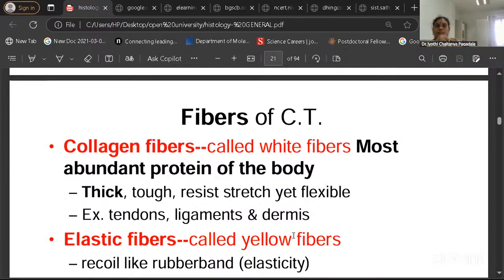Now the fibers of connective tissue. Collagen fibers are called white fibers, the most abundant protein of the body. They are thick, tough, and resist stretch yet are flexible, for example, tendons and ligaments. Apart from the collagen fibers, we have yellow fibers, which are elastic fibers.